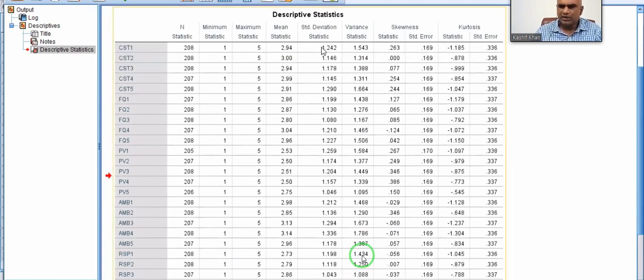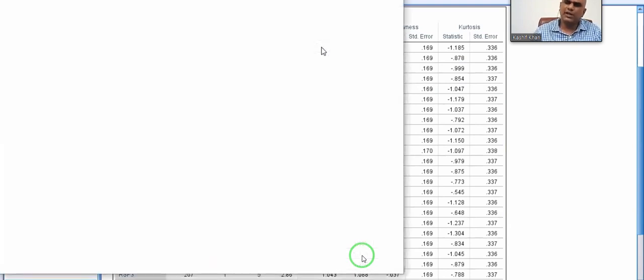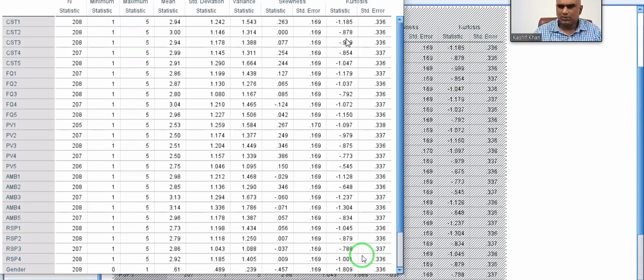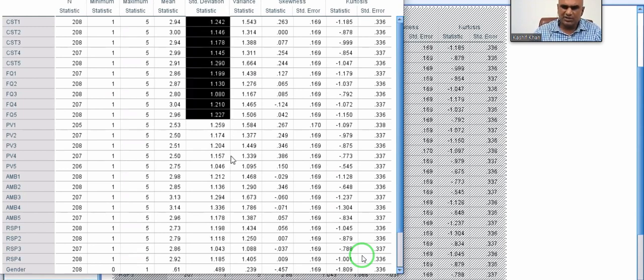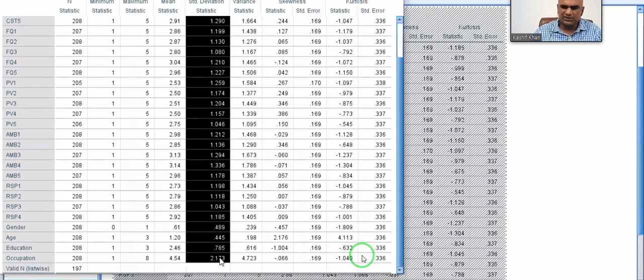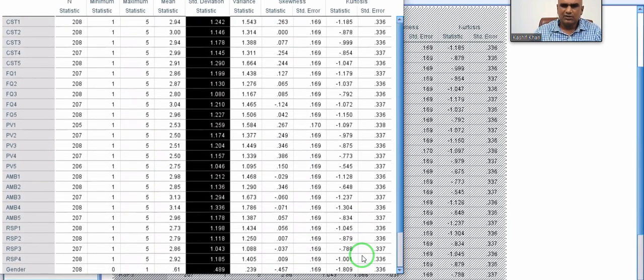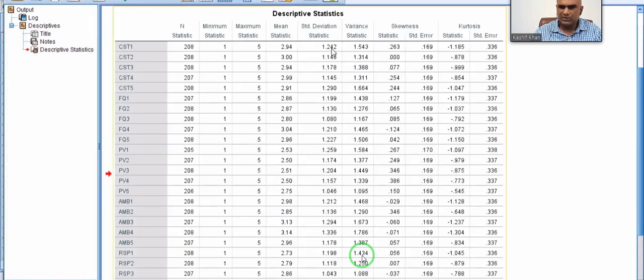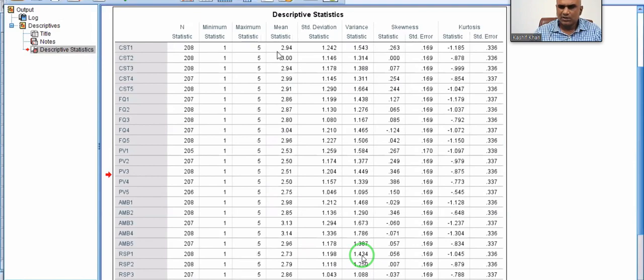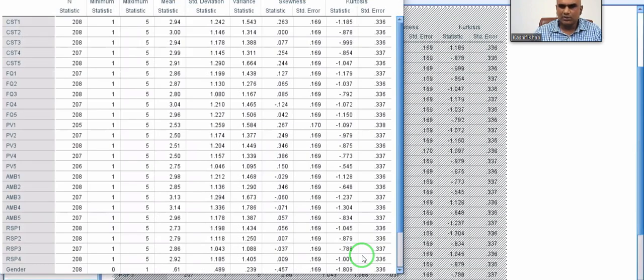What you want to do is double click. And you just want to plot the standard deviation on some type of graph, right? Can you do that? I can't. Why? I'm not sure. Why is it not doing it?